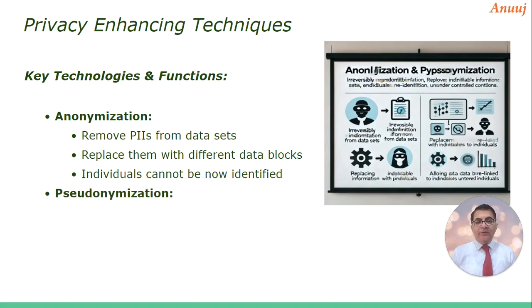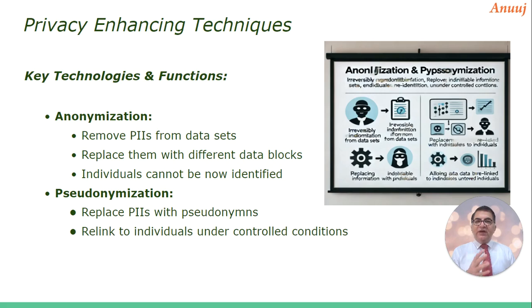Something similar to anonymization is pseudonymization. In pseudonymization, you remove the PIIs, but you replace them with pseudonyms, similar names. So in anonymization, you use a different range. For example, there's a data block saying 10th of August, and instead of 10th of August, you write over there 10. So that could be anonymization.